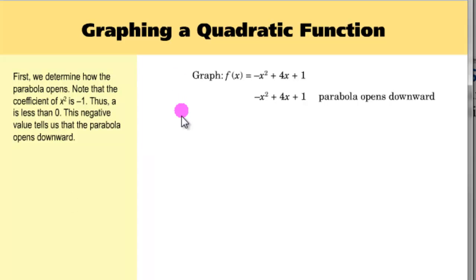We call that the a coefficient. And so a equals negative 1. And anytime that the coefficient of the x squared term is negative, you're going to have a parabola that opens downward. And what that means is that that parabola will have a maximum. It'll have a highest point because the parabola will open downward.